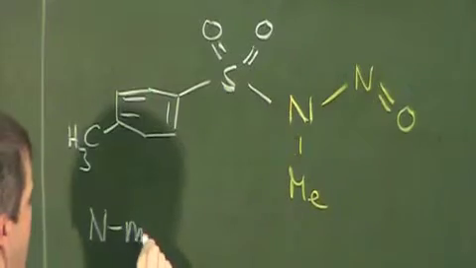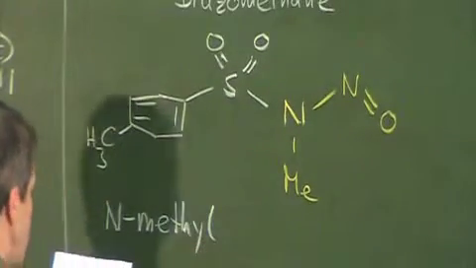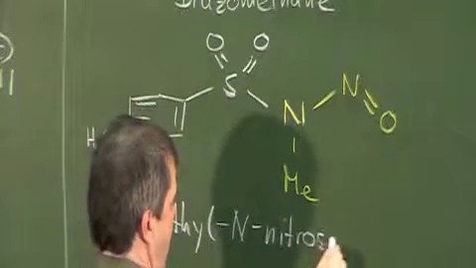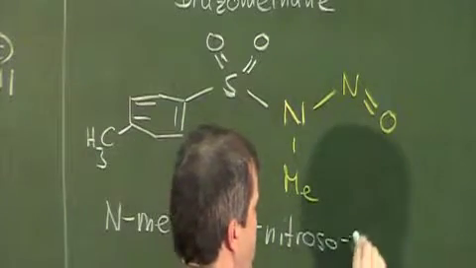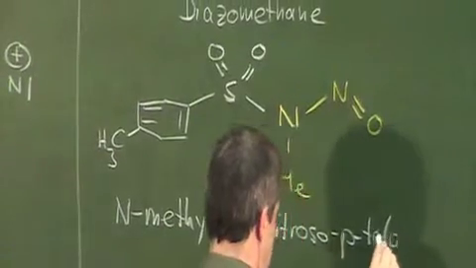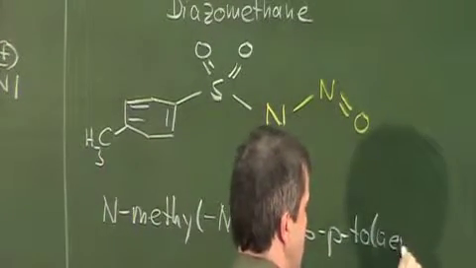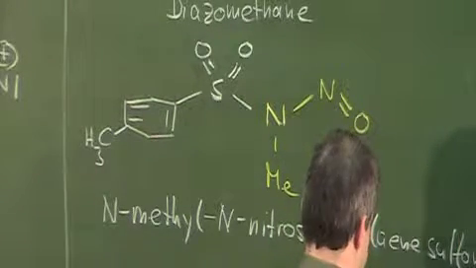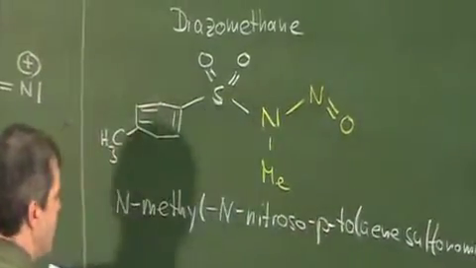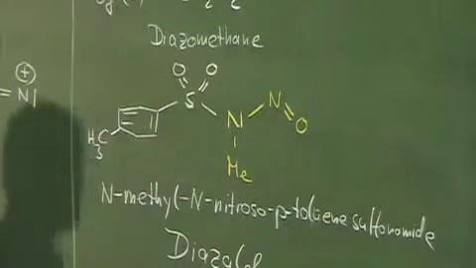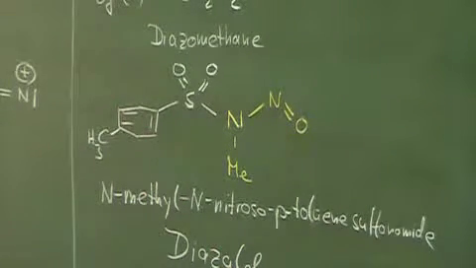If you give the rational one, it's N-methyl-N-nitroso-paratoluene sulfonamide, but if you buy it from Aldrich, it's simply named as Diazald here.